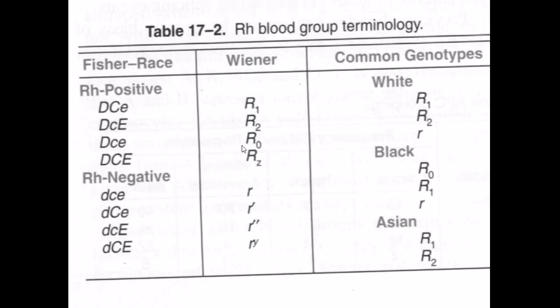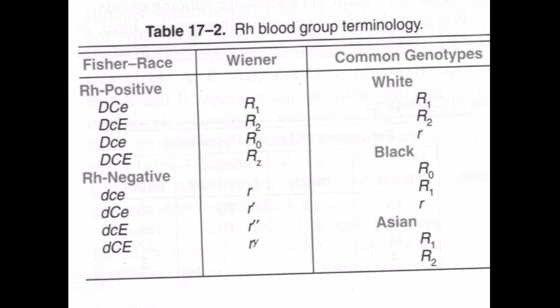So again, the Rhesus factor, or the D antigen, as I said, could be present on top of the backbone where the carbohydrate antigens are located, and those are either the C or D or E, and only D is so important.